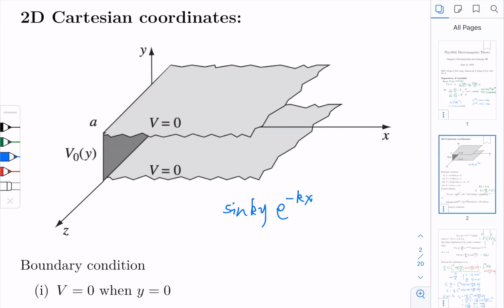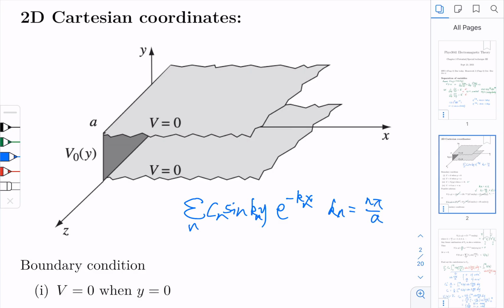And this is the way that you can immediately write down the complete set of possible solutions by this simple inspection of the boundary conditions. And here again kn should be n pi over a.